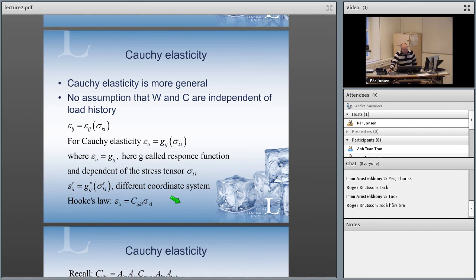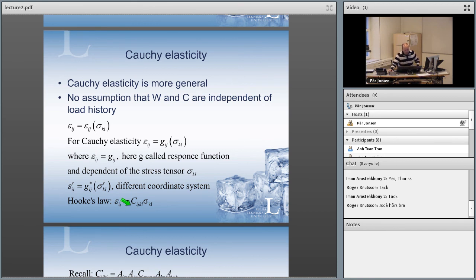And it can be different in a different coordinate system. So then you put a star on the G, meaning this is a transformed strain. The strains are always calculated in a different way because you rotate your system, and then you will have different measures because you change the coordinate system. So the measure goes with the coordinate system, but the material, if it's isotropic, will not change at all. It will be the same.